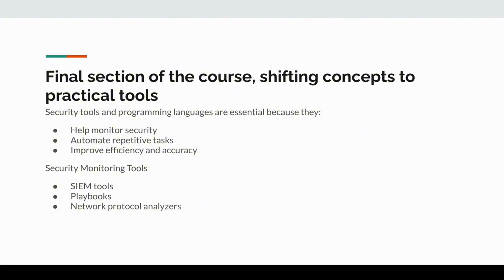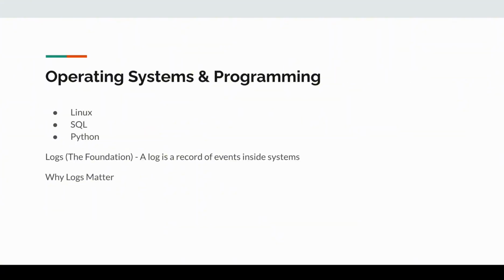You're also going to be introduced to security monitoring tools like the SIEM tools, playbooks, network protocol analyzers, operating systems and programming like Linux, SQL, Python. And these tools are commonly used to search data, identify trends, and automate security tasks.